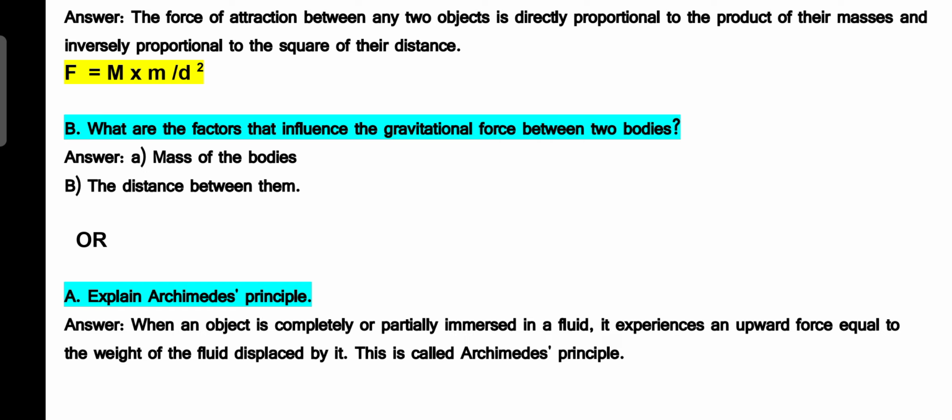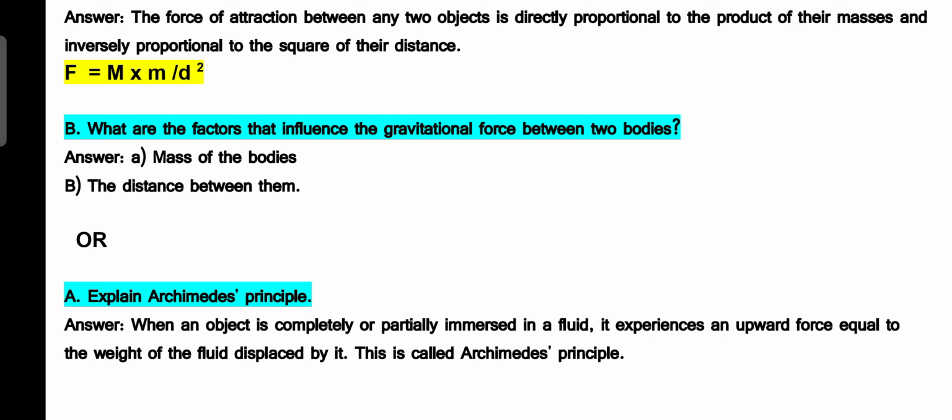B part is related to the same question. Name the factors that influence the gravitational force between two bodies. As per the law, you have the masses of two objects. So the mass of the bodies is the main factor, and also the distance.